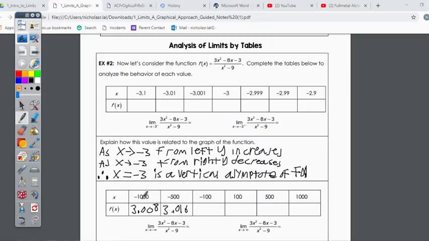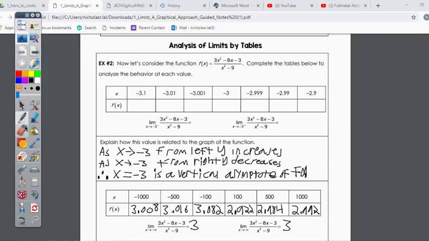So we can notice how as x becomes a larger negative number, you're approaching 3. 3.082, 2.922, 2.984, and 2.992. In each instance, the limit as x approaches negative infinity is going to approach 3.